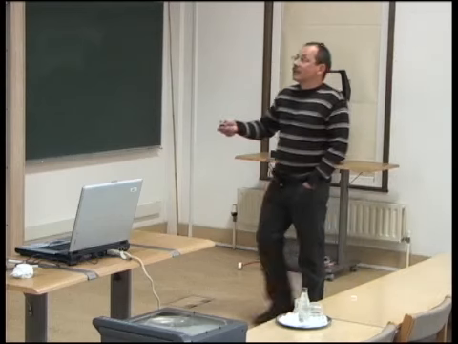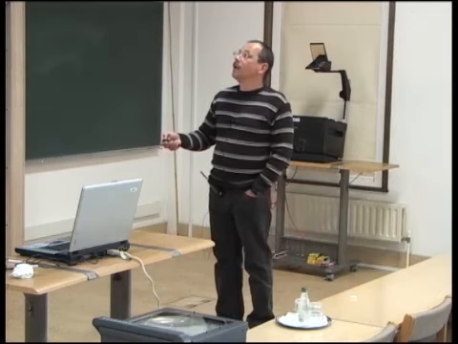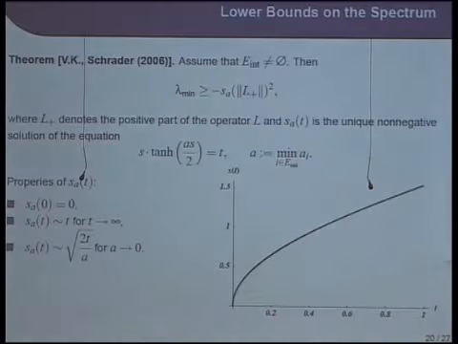So some properties. First of all, if the argument of this function is 0, then this function is also 0. This is reasonable. If L plus is 0, then the spectrum of the operator has to be positive. The first thing, if t goes to infinity, then the function will be linear. This is presented here.